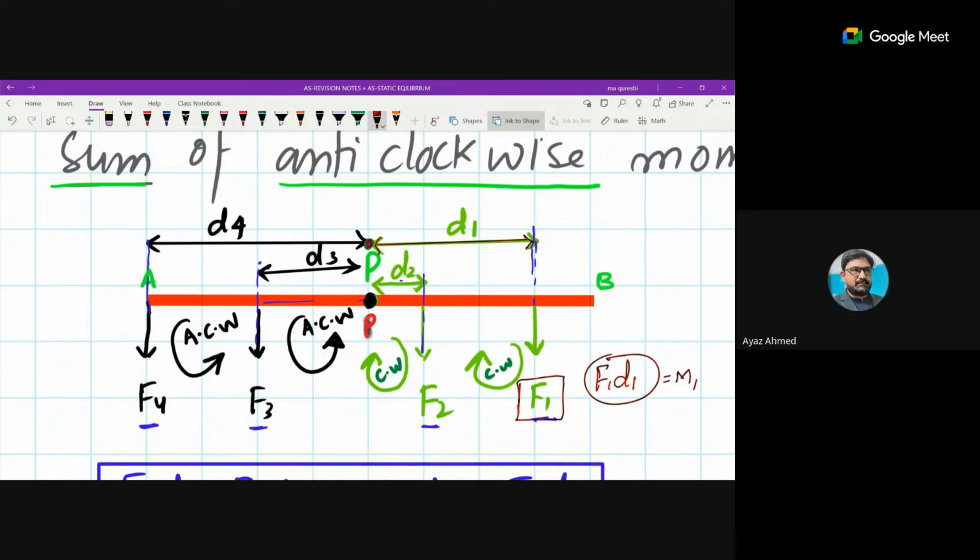In the same way, there is another force F2, acting at a distance D2 from the pivot. Here is the pivot, and this is that distance D2, and you will say that F2 D2 is your moment number two, isn't it?